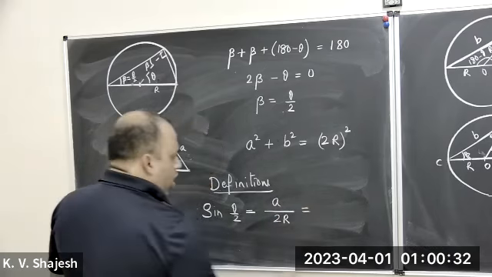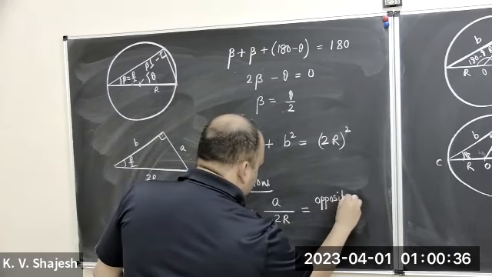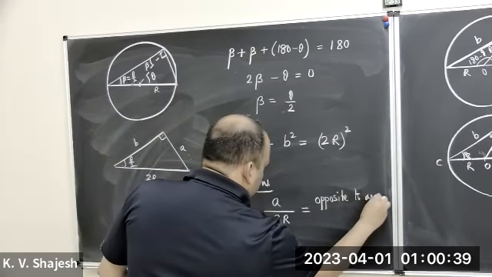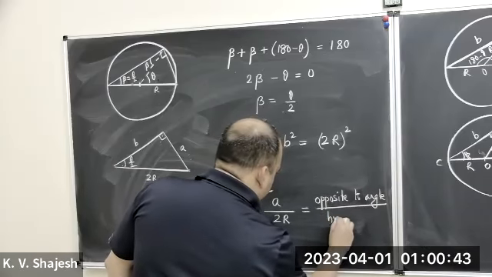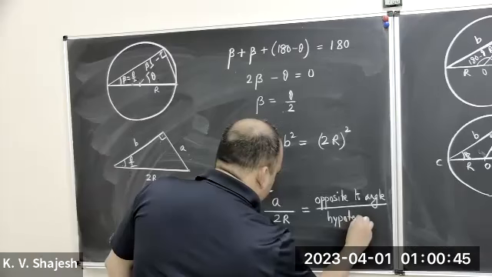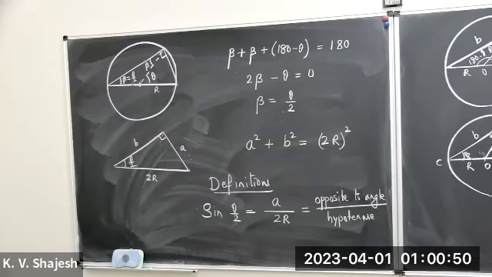So notice opposite means opposite to the angle, and divided by hypotenuse. That's a definition in a sense.